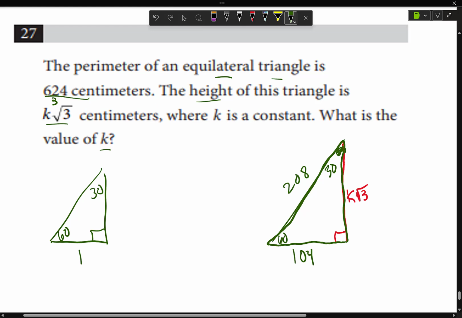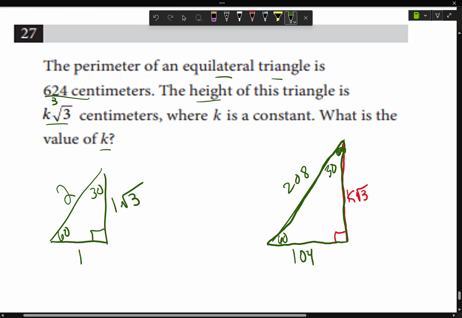The side opposite the 90-degree angle is the longest side, and it's always double the shortest side. And then the medium length side is always radical 3 times the shortest side.